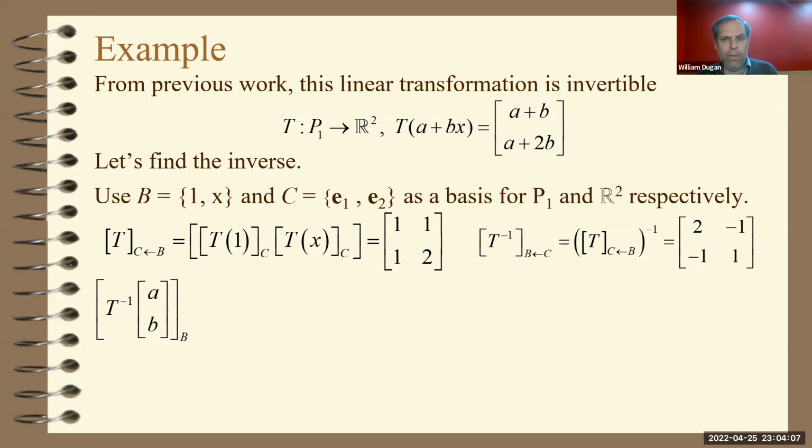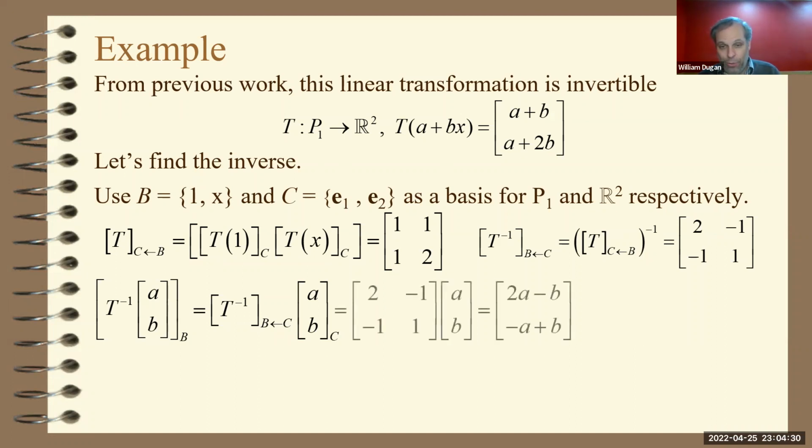By the result you've seen, this should be equal to the matrix of the inverse from C to B multiplied by the coordinates of the vector (a, b) relative to C. Well, C is just the standard basis, so (a, b) relative to C is really just (a, b). It's the same thing. So I just do this multiplication and I get that. That's the coordinates of the image relative to B.